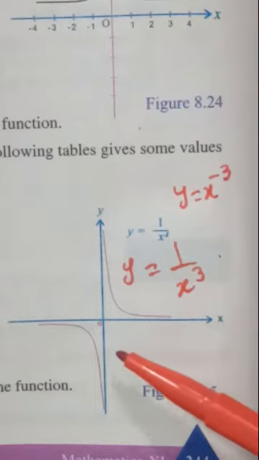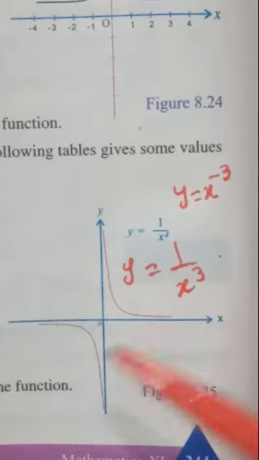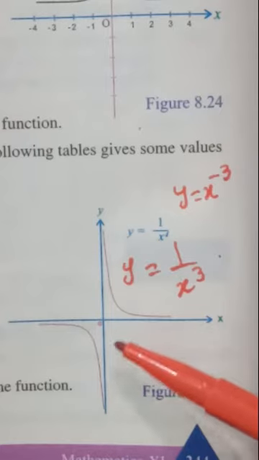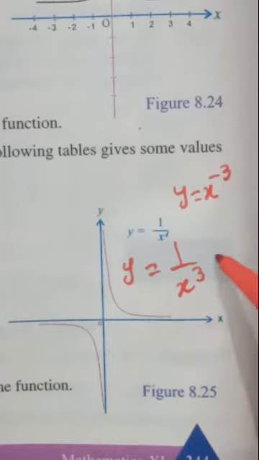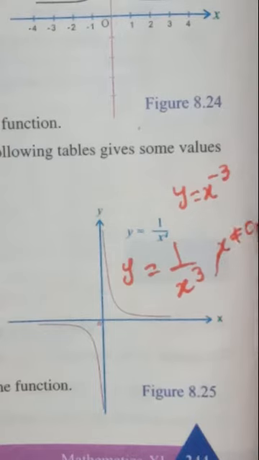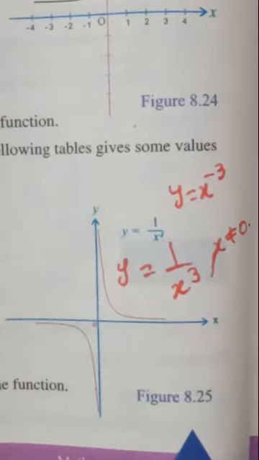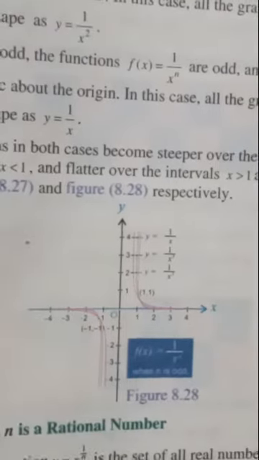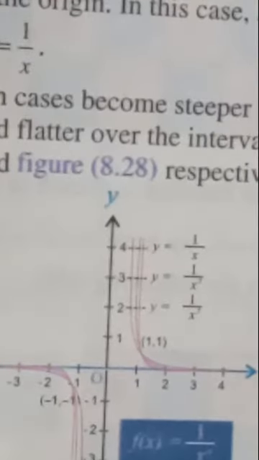And this function is also symmetric about the origin. This is also an odd function, and this function will also be discontinuous at the origin, meaning at 0, because this function is also not defined at x equal to 0. Now if you look at all the graphs, you see it here clearly.